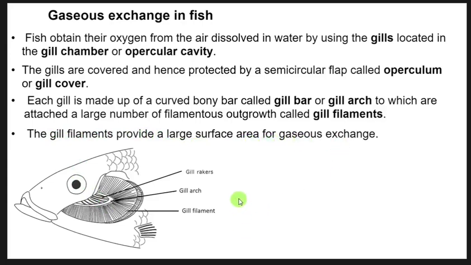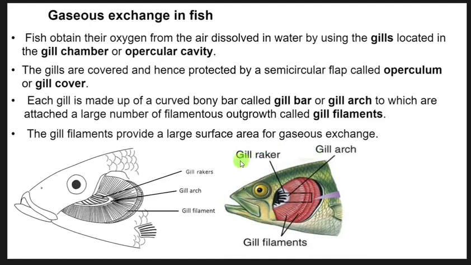Let's look at this fish here again. I think this one makes it clearer. So these are what we are calling gill filaments, and that white part there is what we are calling the gill arch, and those small black outgrowths are what we are calling the gill rakers.